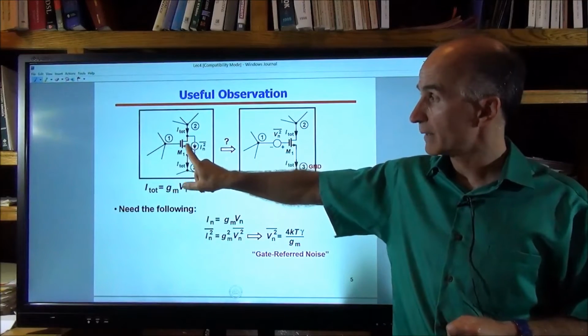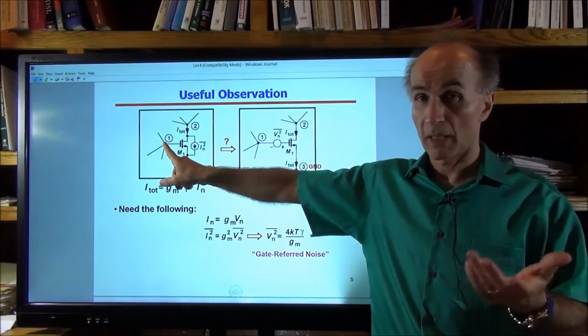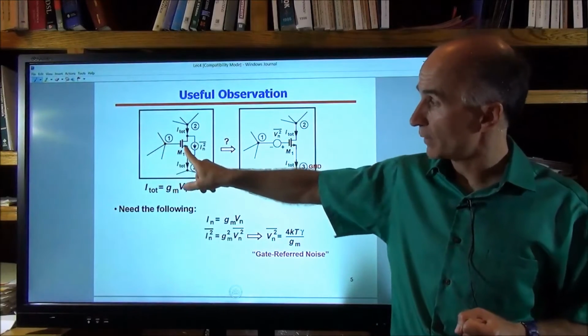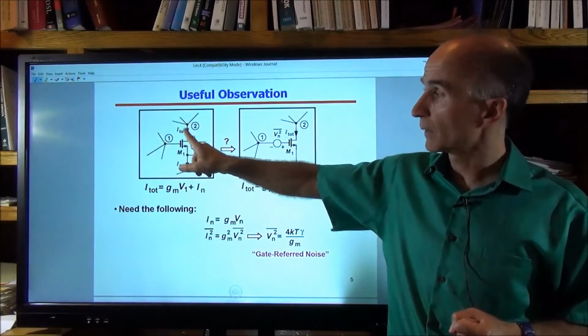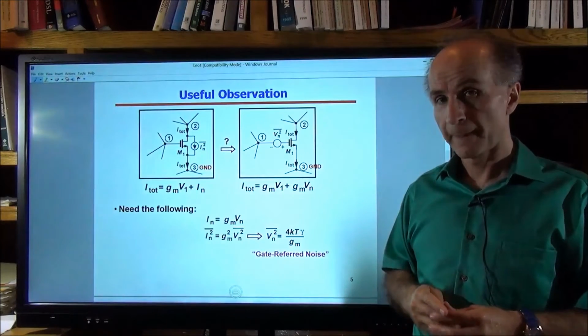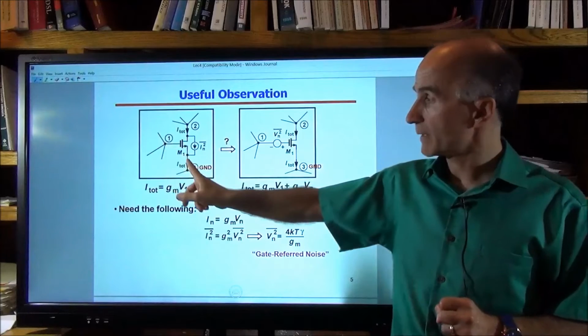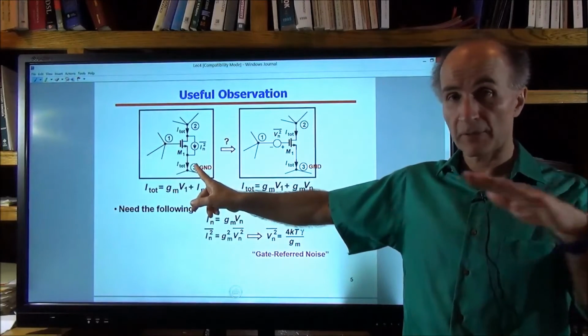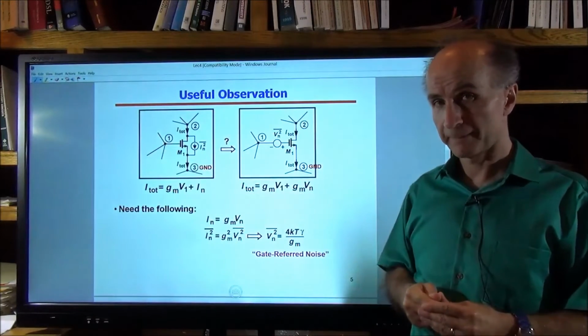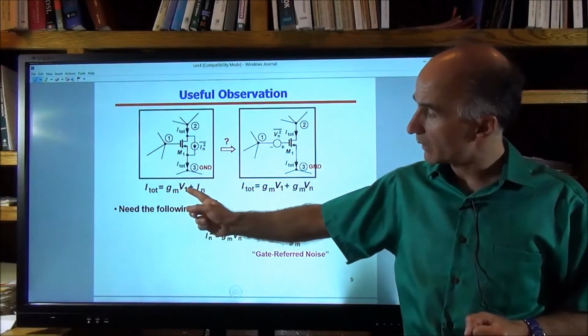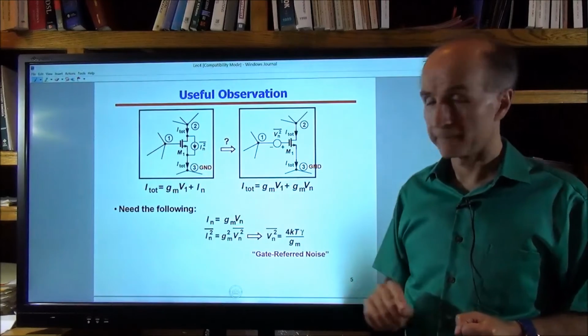That's one current that this transistor is generating, because V1 may not be zero. Remember, there might be noise in there. And then we have the noise current of the transistor itself, so these two flow here. Okay, I said V1 times Gm, not V1 minus V3, because 3 is my reference point for the entire circuit. All right, so the total current that flows is Gm times V1 plus In.